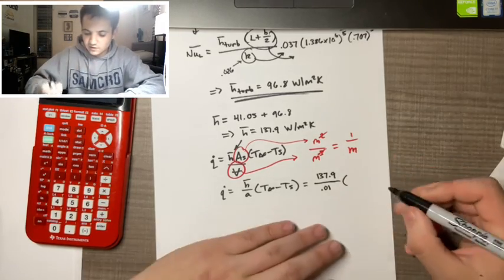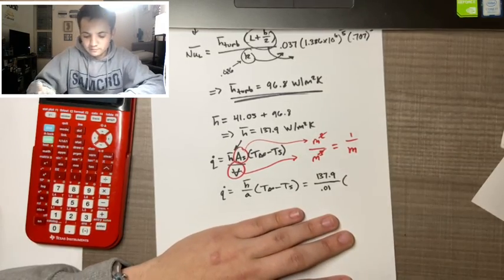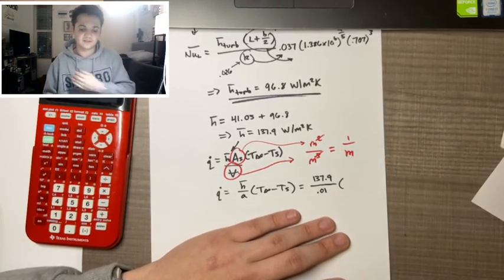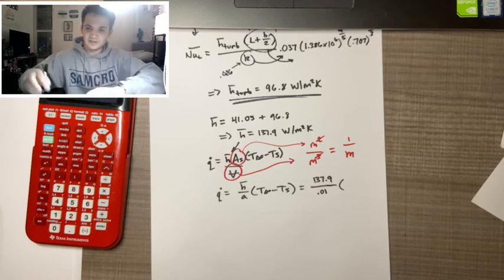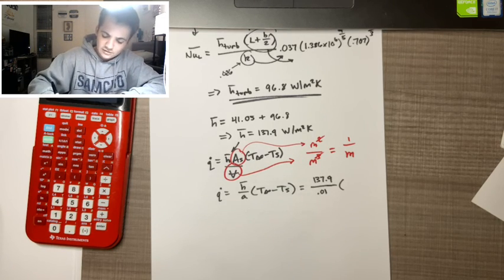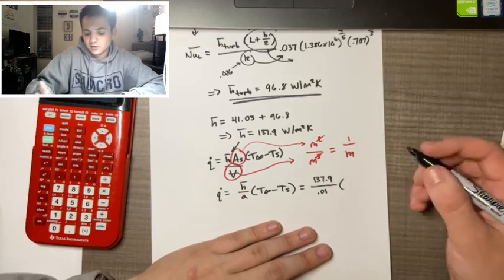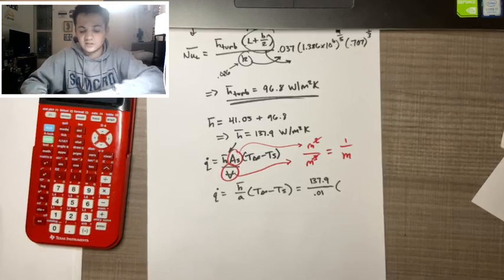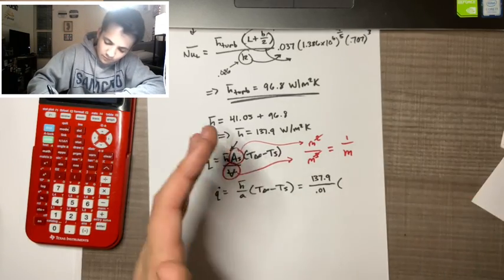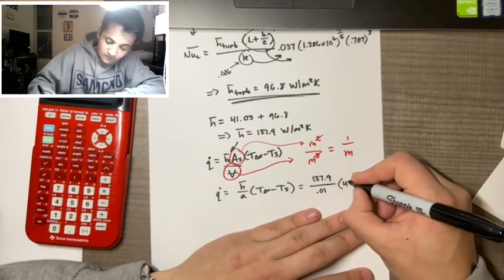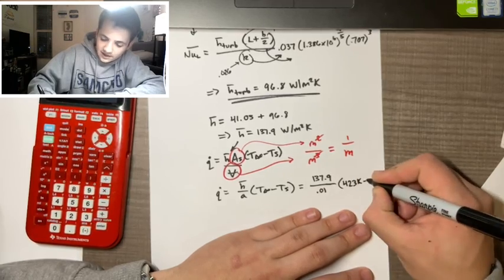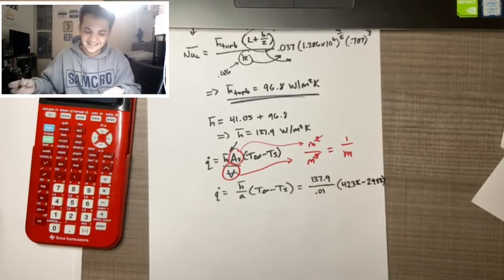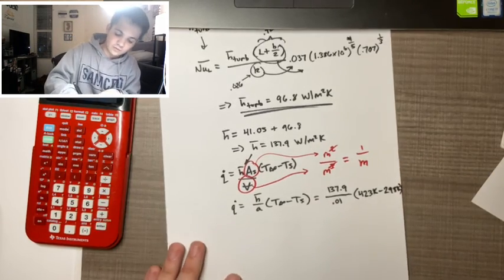And then our T infinity, what was our T infinity? Well, I converted to Kelvin because that's a habit that I have, but don't be confused by that. It doesn't make a difference if you convert to Kelvin or leave it in Celsius in this case, because it's a temperature difference either way. So it's fine either way. But anyway, 423 K minus 298 K. Okay, that was a lot of K's.